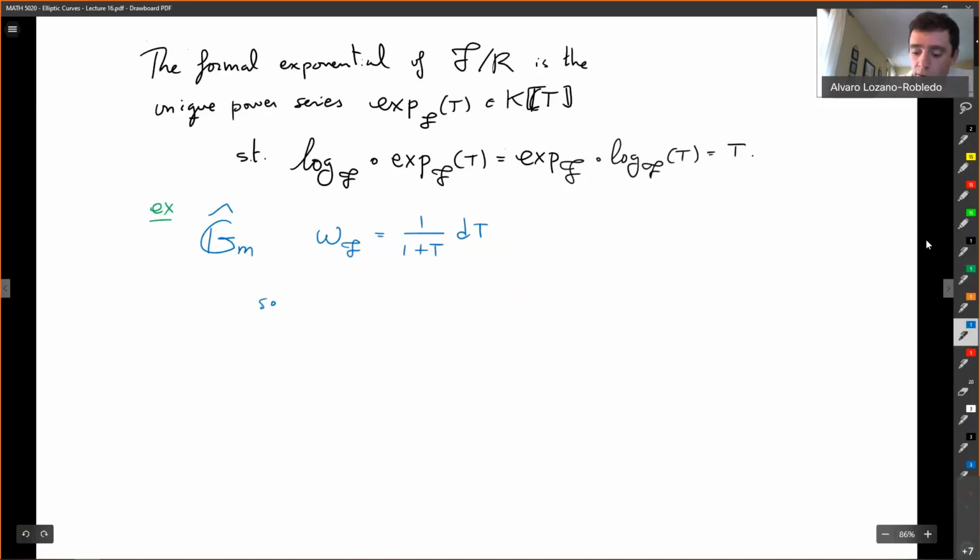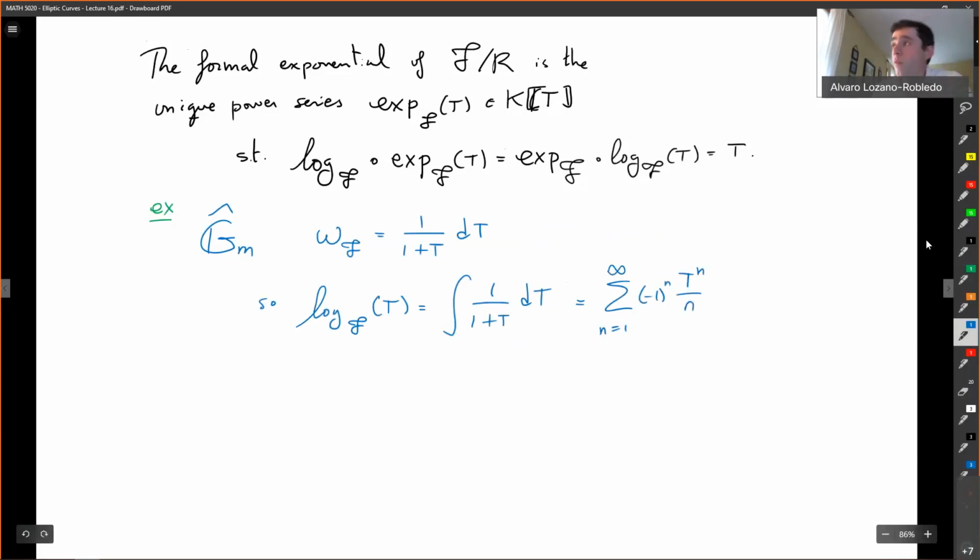So the formal logarithm is going to be the formal integral of 1 over 1 plus t dt, which is the sum of (minus 1) to the n, t to the n over n, which is the expansion of the logarithm.